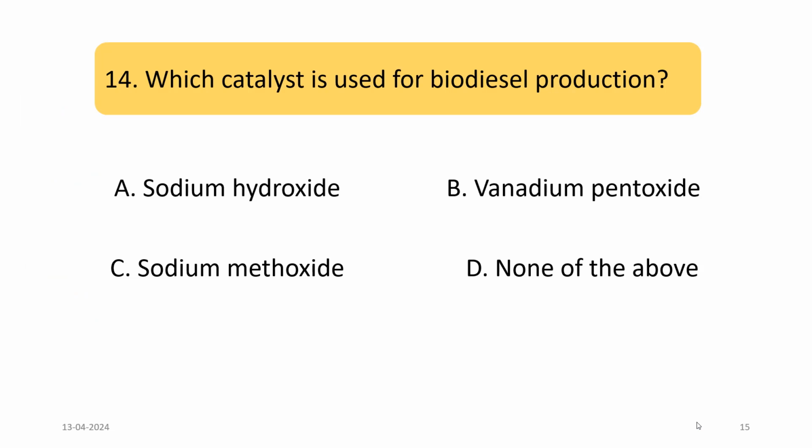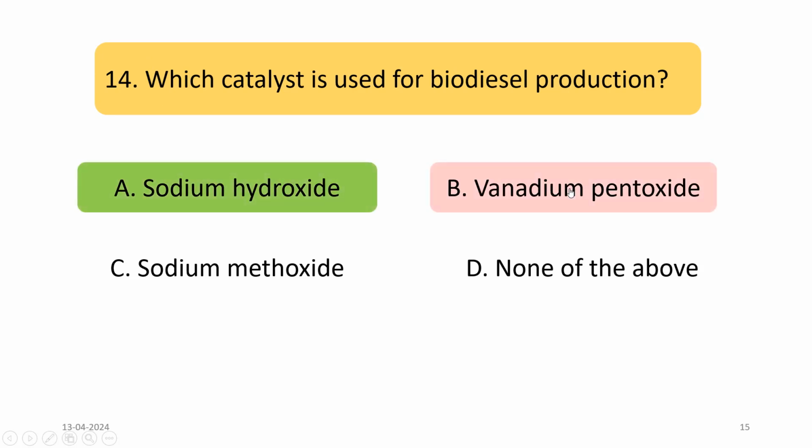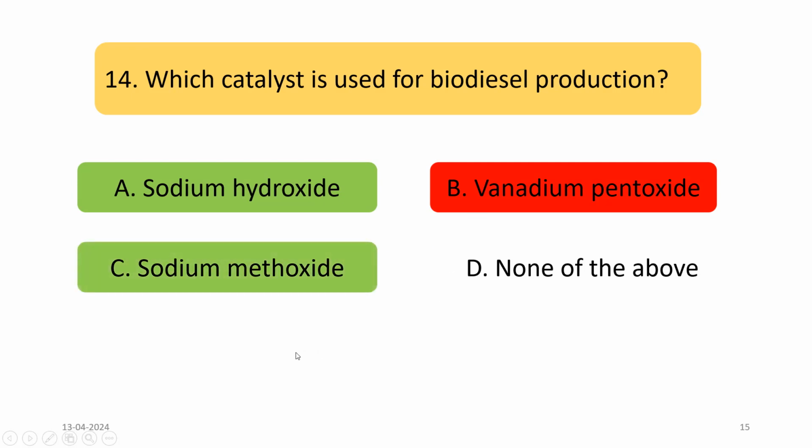The answer is sodium hydroxide and sodium methoxide. Okay, so sodium hydroxide is NaOH and sodium methoxide is NaOCH3. So these two alkali based catalysts are used for biodiesel production.